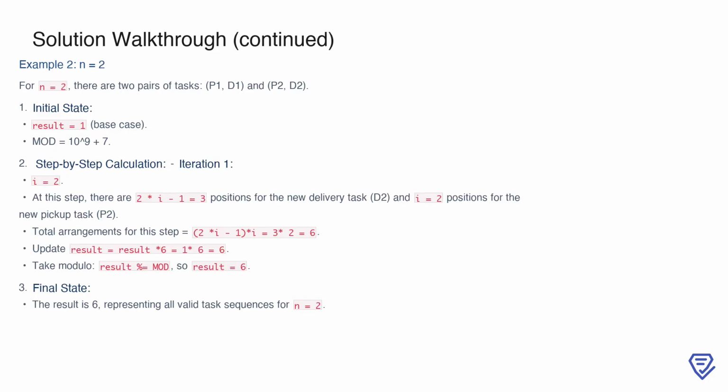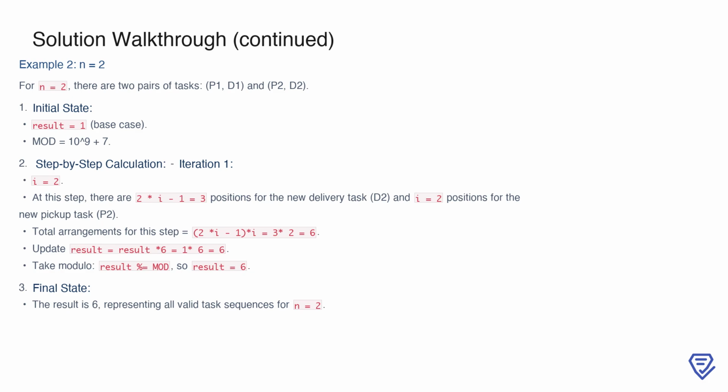Now, let's consider the case where n equals 2. Here, we have 2 pairs of tasks, P1 and D1, as well as P2 and D2. Just like before, the result is initialized to 1 and mod is set to 10 to the power of 9 plus 7. This time, we perform one iteration in the loop.